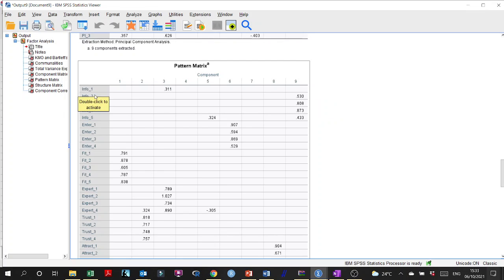In this case, because we have a theory, we have put the questions based on a theory and the previous research, we're going to keep it as is in the confirmatory factor analysis, unless we find out that, and I think we most likely are going to find out, and I will show you in the next video when I do the confirmatory factor analysis, that this info 1 will not have a high regression value with its latent variable. Why is that so? Because as you can see, it's loading somewhere else. So you might need to drop this.